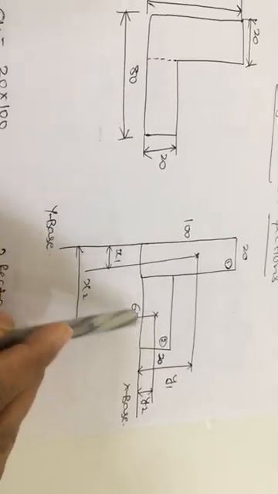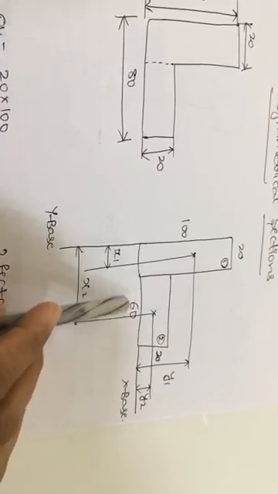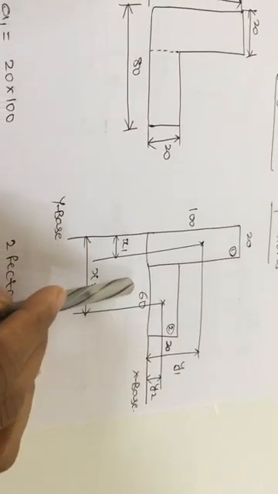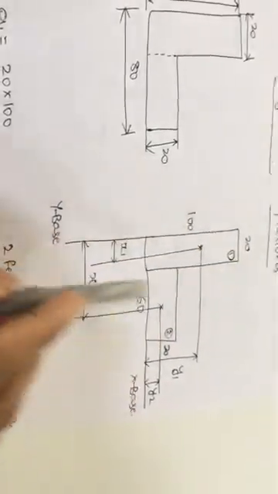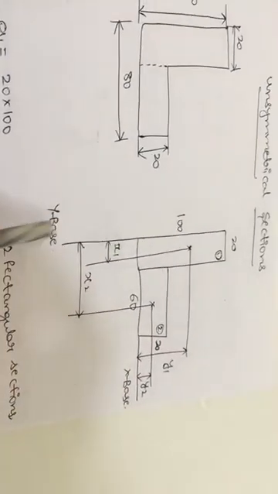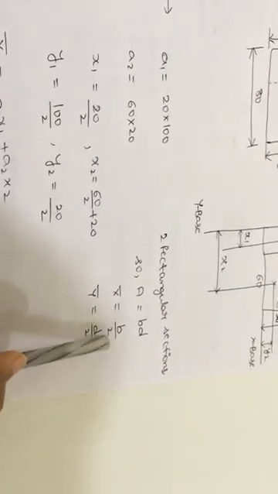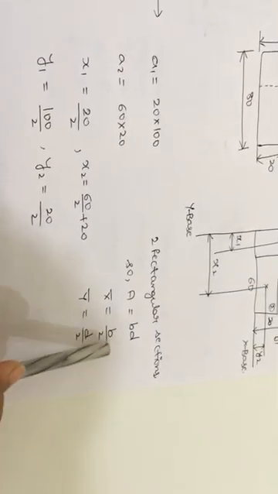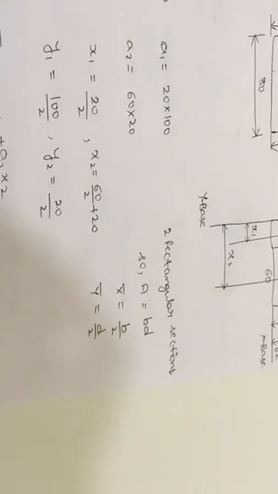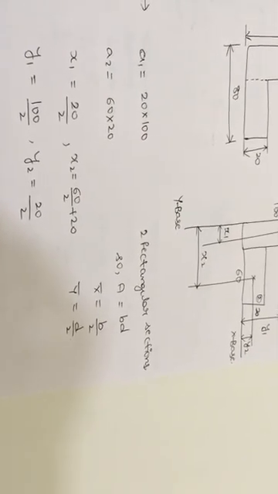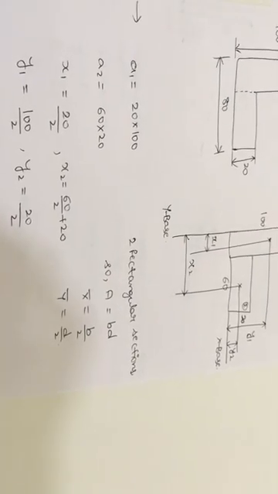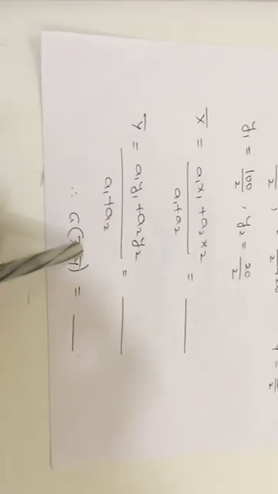The base value is equal to 60 only. So 60 by 2 up to here plus the remaining 20 up to the y base. The x bar and y bar formulas for any section are applicable up to that individual section only. You need to calculate the distances up to the x base and y base to calculate the total value.